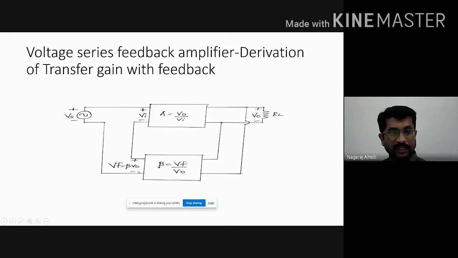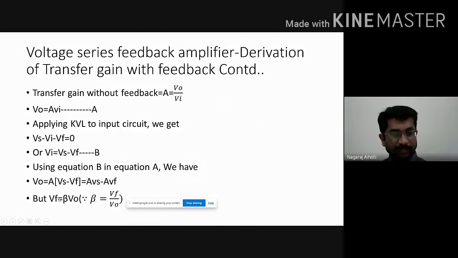The output is the feedback voltage Vf, the input is the output voltage V0, therefore beta is Vf by V0, or Vf is equal to beta into V0.